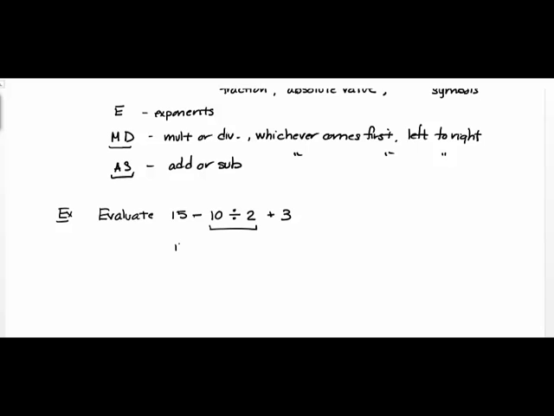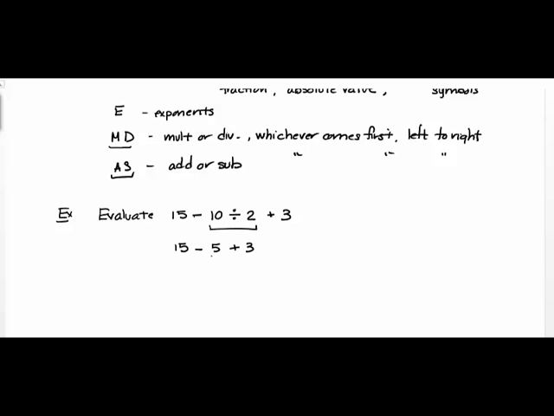Right, so I encourage you to change just one thing at a time. So I'm going to do 10 divided by 2, and that's going to be 5 plus 3. And rewrite everything over and over again. Right? So this minus sign came down here. I have a 10 divided by 2, which gives me a 5, and then I have a 3. Now if I go from left to right, I see a subtraction and an addition.